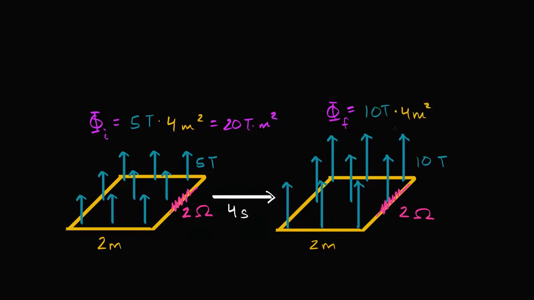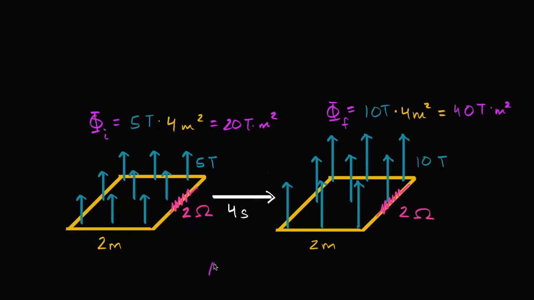And so what is this going to be? Our final flux is going to be 40 Tesla meters squared. So what is our change in flux? Let me write this over here.